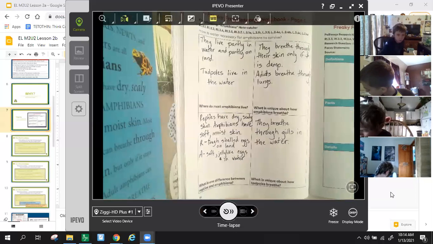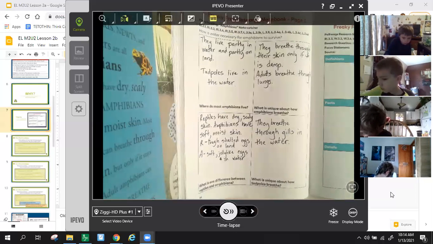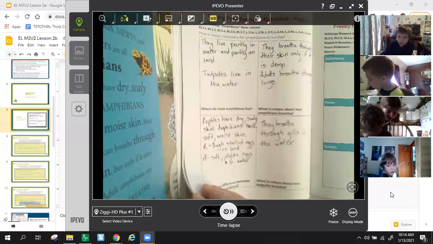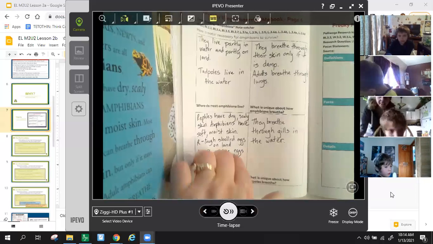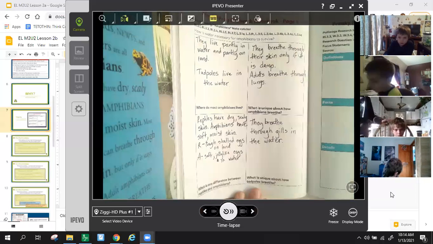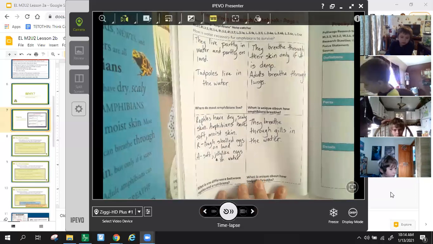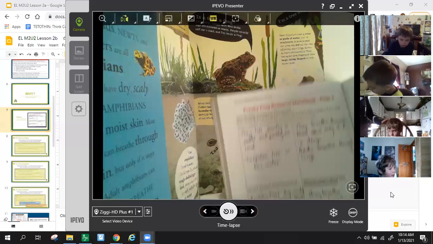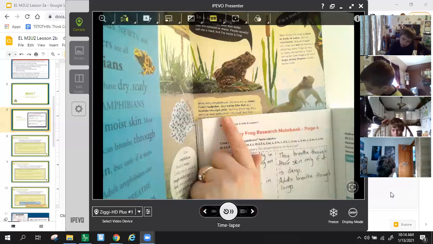All right. Getting our notes finished, page 64. It says page 4 at the top because it's our research notebook. Breathe through gills in the water. And I made sure that I spelled gills correctly because it was in my text.